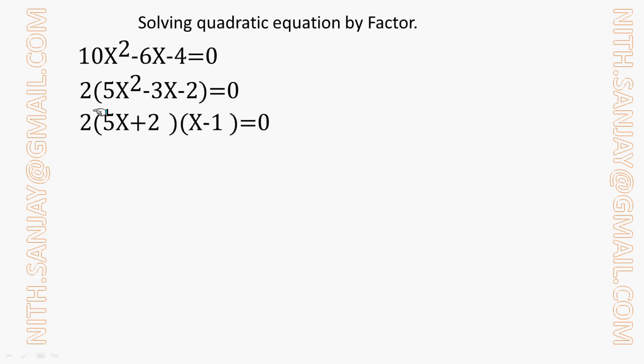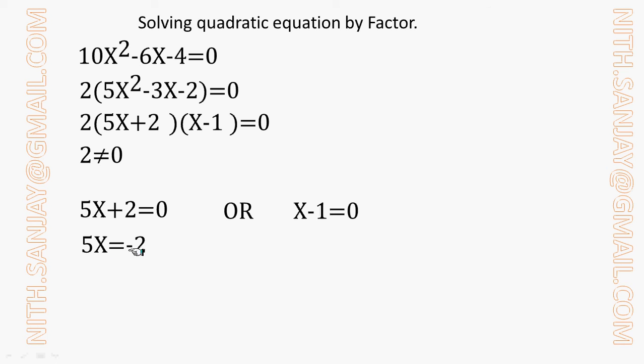From here, as I have earlier told you, you can make the factors of this equation, which are 5x plus 2 and x minus 1 equal to 0, because 2 cannot be equal to 0. So 5x plus 2 is equal to 0 is a solution of the equation, or x minus 1 equal to 0 is a solution of the equation. Here I will subtract 2 from both sides, so I will get 5x is equal to minus 2.